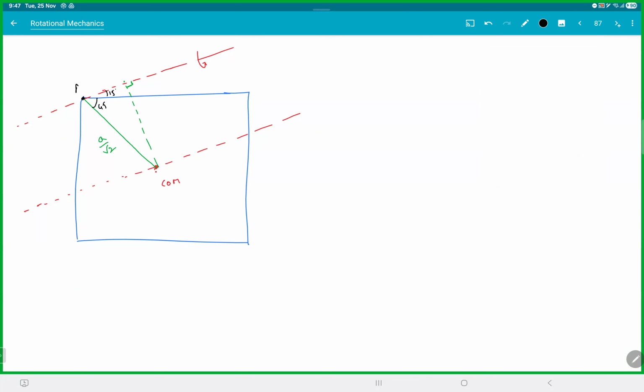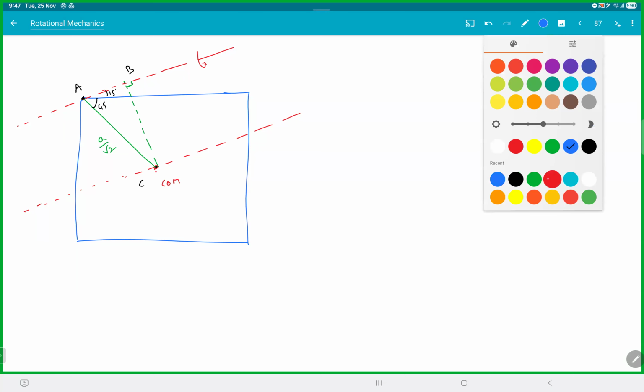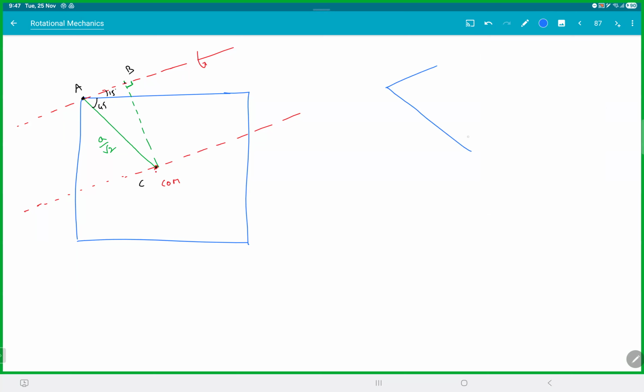So if I call this A, C, and this is B, if I draw the triangle, you can clearly see now A, B, and C. The BC is the perpendicular distance. This angle will be 60. This D is the perpendicular distance, and this is a by root 2. So BC will be a by root 2 sine 60, which will be root 3 a by 2 root 2.